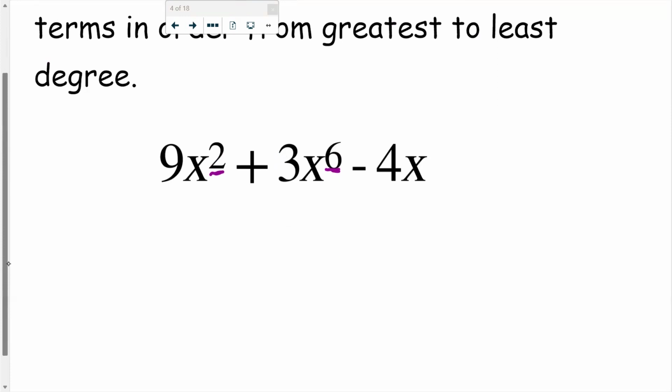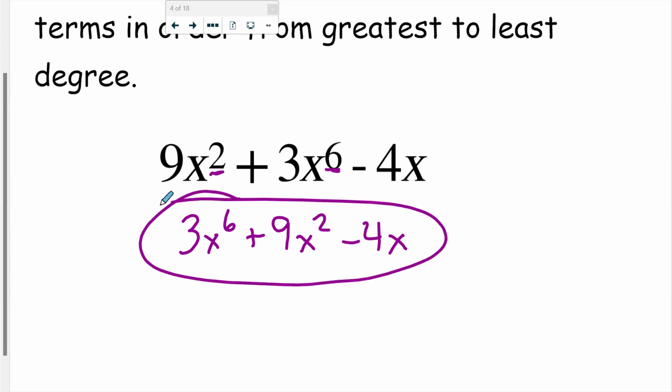So if we wanted to get this into standard form, I would move my 3x to the 6th power first because it's the biggest one, plus 9x squared, and then minus 4x because we're 6, 2, 1. We're greatest to least. So this right here is it in standard form, right? Just reorganizing them.